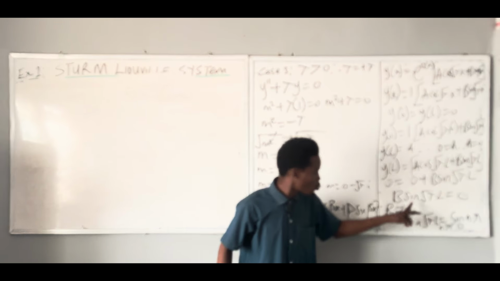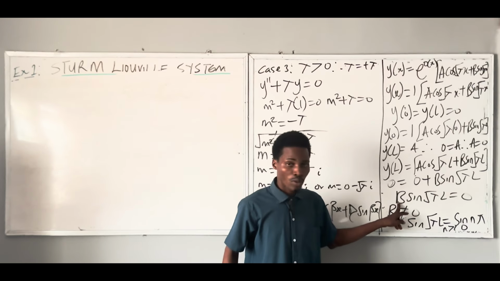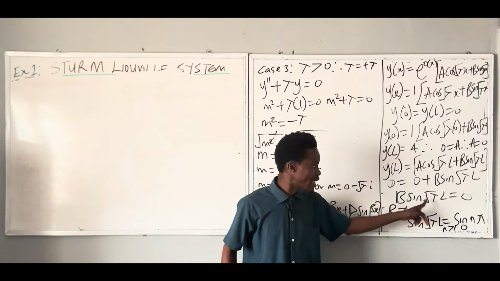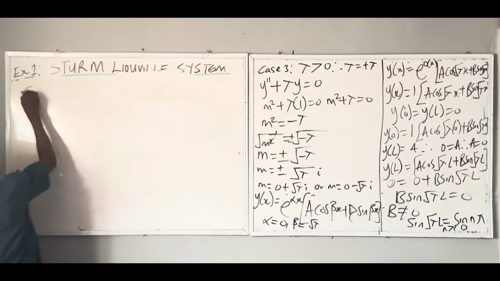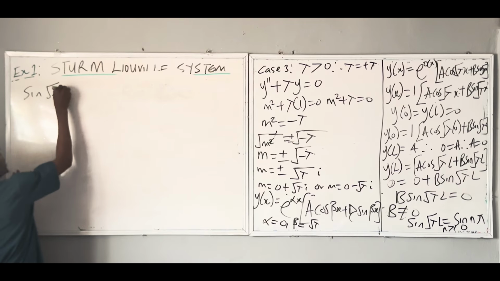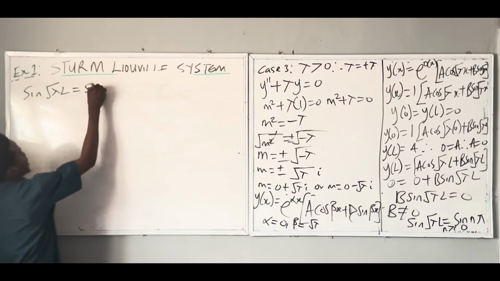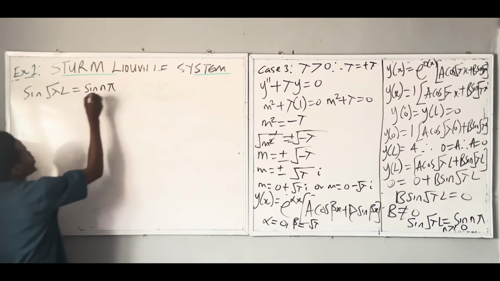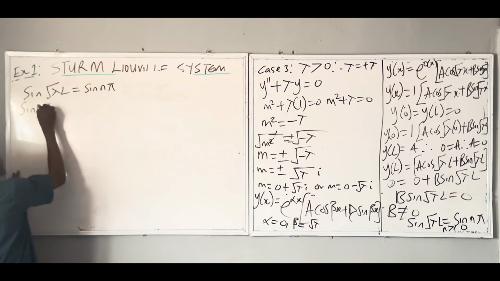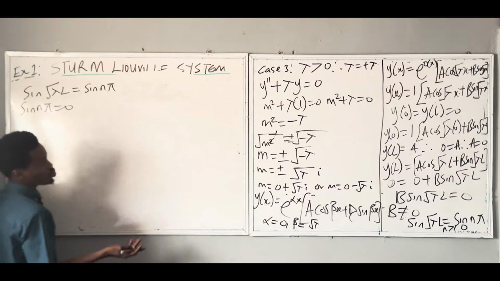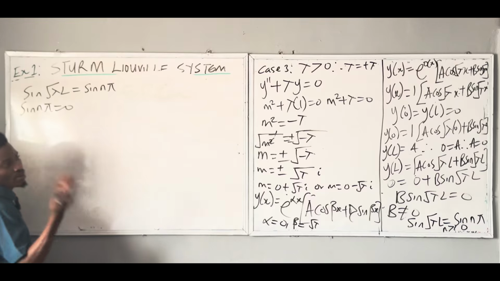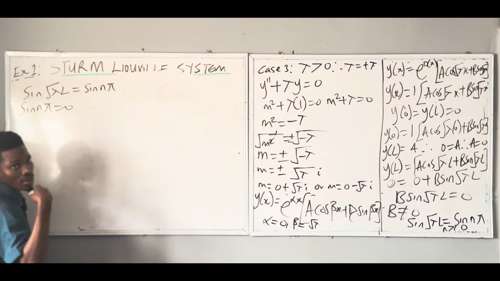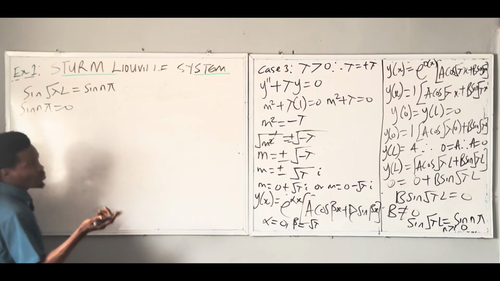What I'm going to do is take the coefficient of b, the value that is multiplying b sine root lambda n, which is sine n pi, where sine n pi is 0. I don't want to make b 0, because if I make b 0, everything will be a trivial solution, and I will not get a solution for the value.